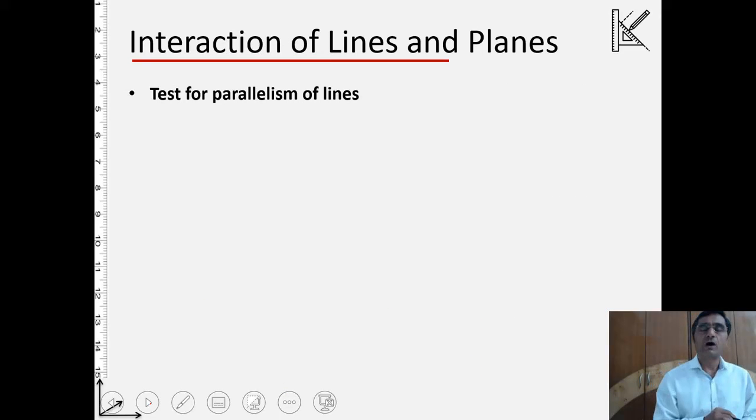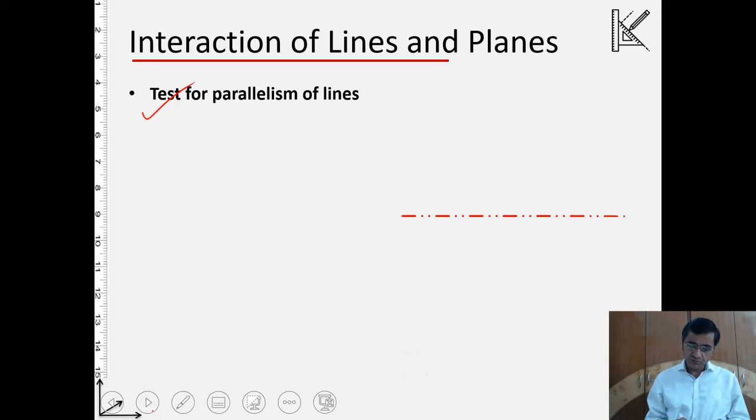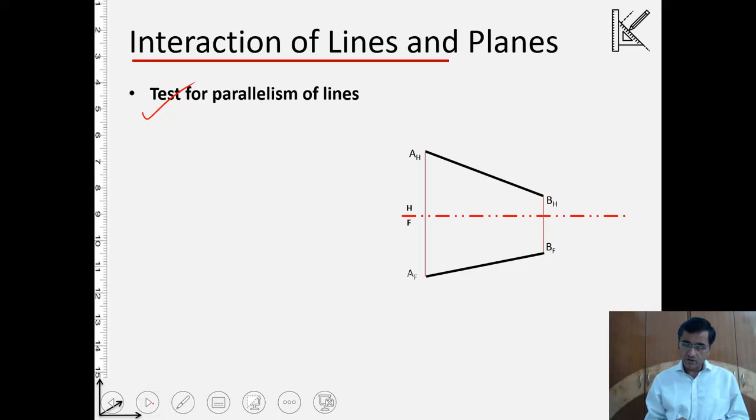Now, using the same concepts or same kind of understanding, we'll be talking about some interrelationships of lines and planes, and we'll start with whether two lines are parallel or not. Let me show you two lines. This is the projection of line AB, then we have the projection of line CD.